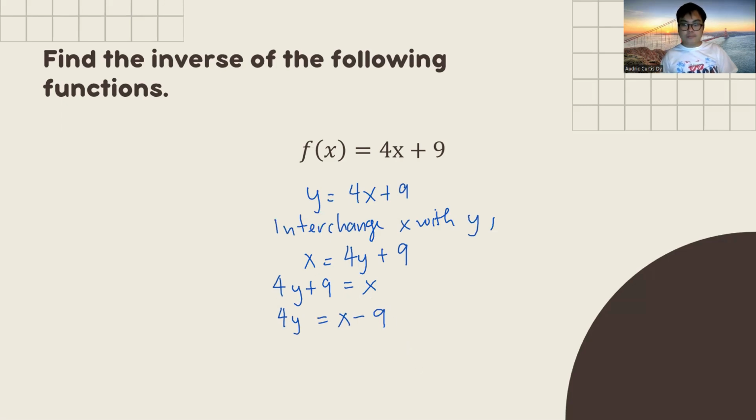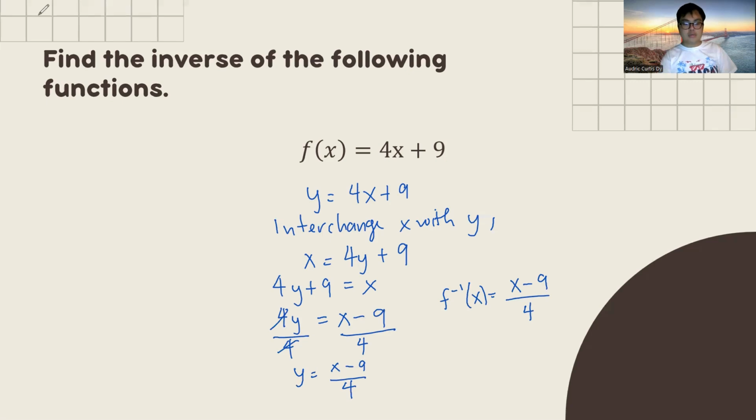So in short, baliktad ang operation nito. Then, to make this alone, you're going to divide this by 4, both sides. So this will become y is equal to x minus 9 over 4. Then, the inverse of this function is x minus 9, then 4 is the denominator, while x minus 9 is the numerator.